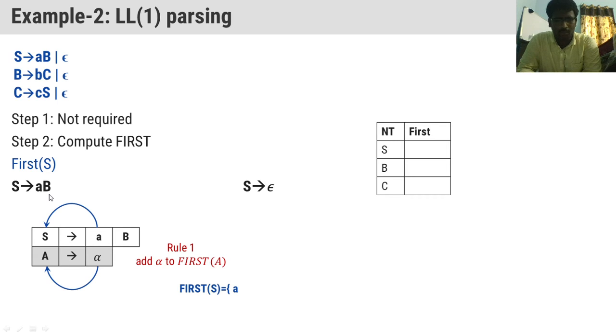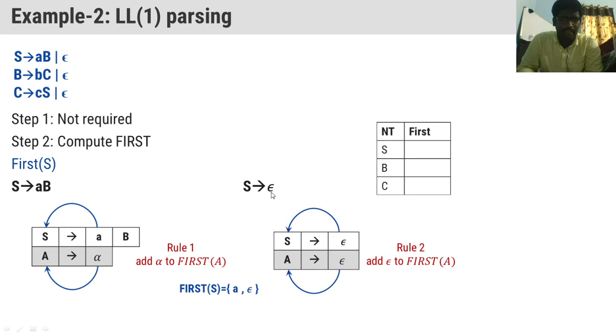First of S equal to small a, comma, what is the another production? The another production is S is deriving epsilon. Since the starting symbol of this production is also epsilon, we will also include epsilon to the first set. That's why first of S equal to a comma epsilon.